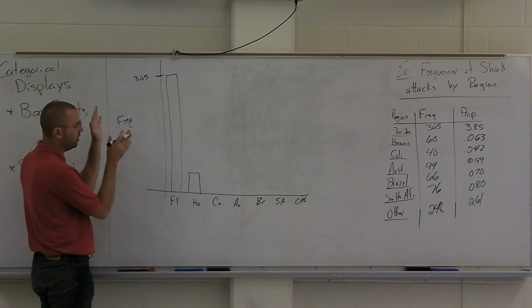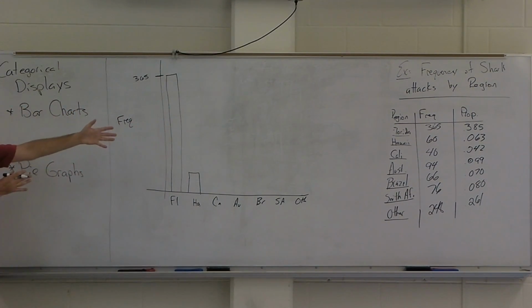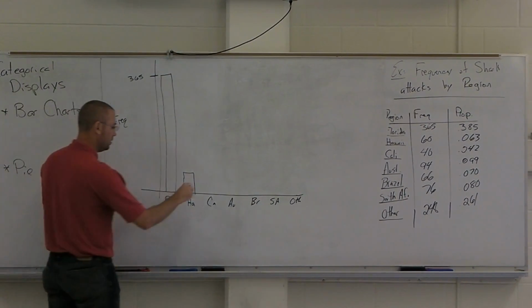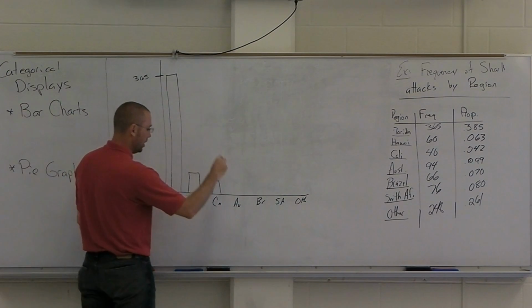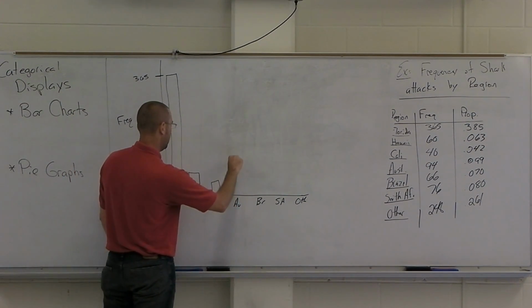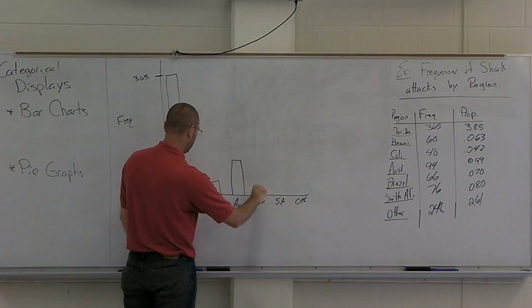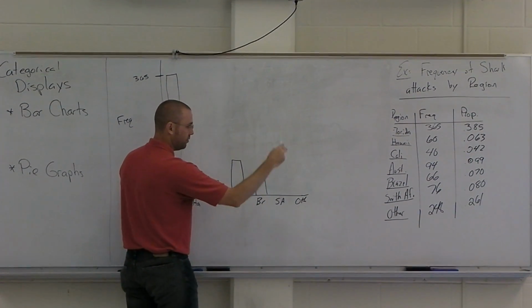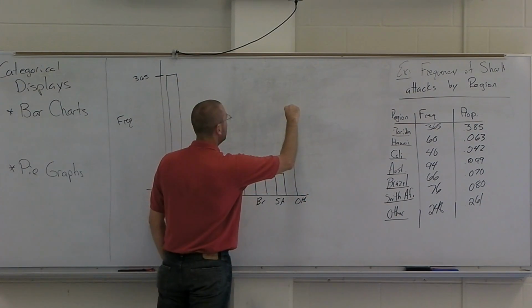It's just a graphical picture of this frequency table. California, slightly less than the Hawaii one. Australia, 94. You see, that's like right there. Brazil, 66. South Africa, 76, a little taller. And then finally the other, like that.